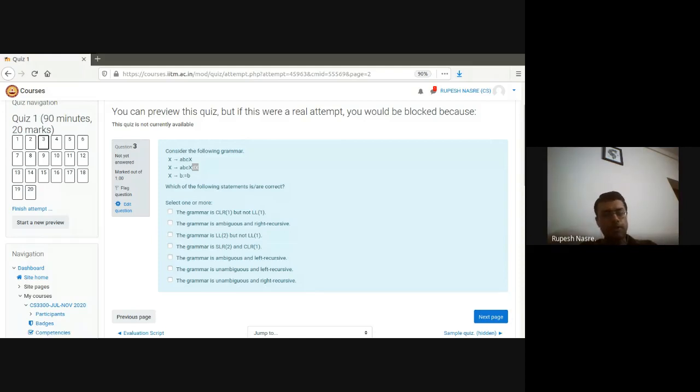However, the term can also be used with respect to a particular K. That is, we can say that this particular grammar is ambiguous with respect to CLR1 or LL1, but it is parsable with CLR2 or LL2, like that we can say. Because the language per se that gets generated might not be ambiguous.